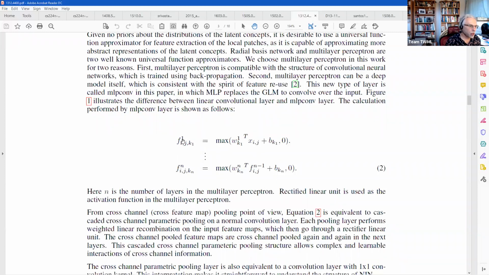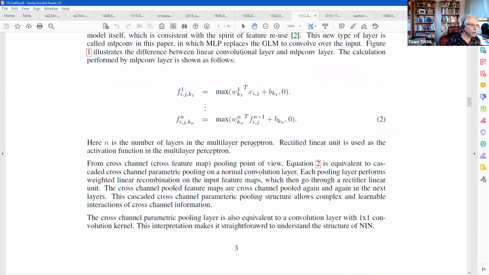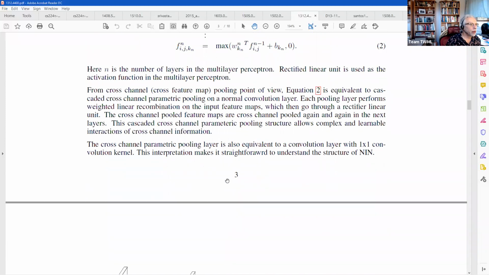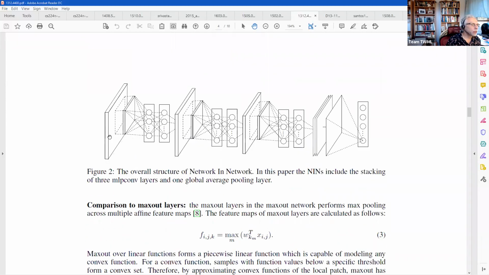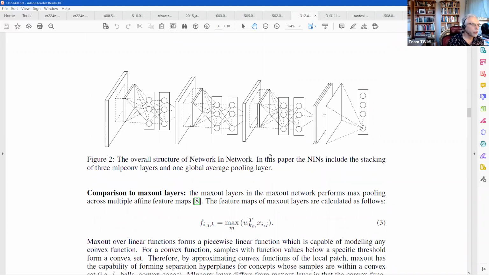And this is layer 1, and there can be n layers, each with its own weight matrix. So n is the number of layers in the perceptron. Rectified linear unit, that's ReLU, is used as the activation function, that's here. So this is some kind of a cascade of these things ending in a fully connected layer that maybe ends in some kind of a classifier, with a softmax or something.